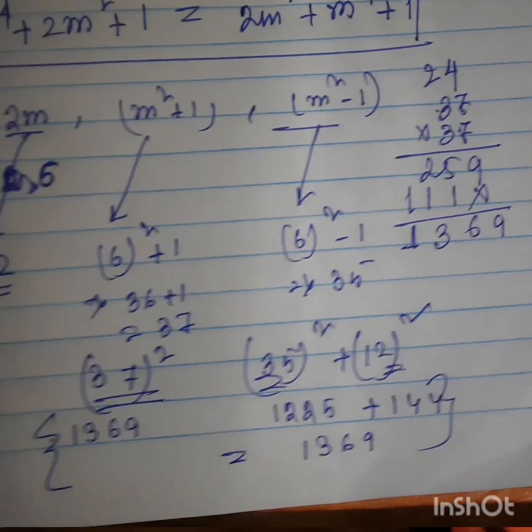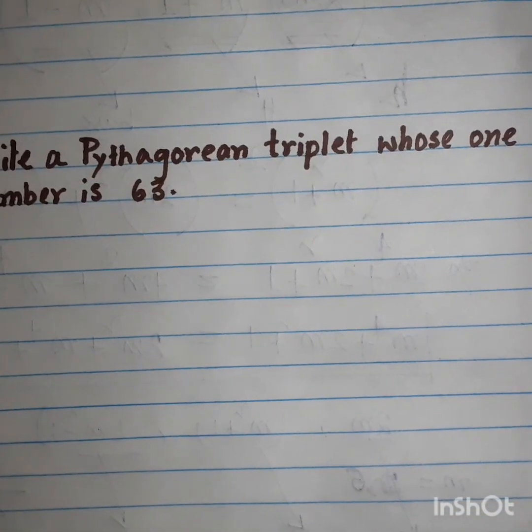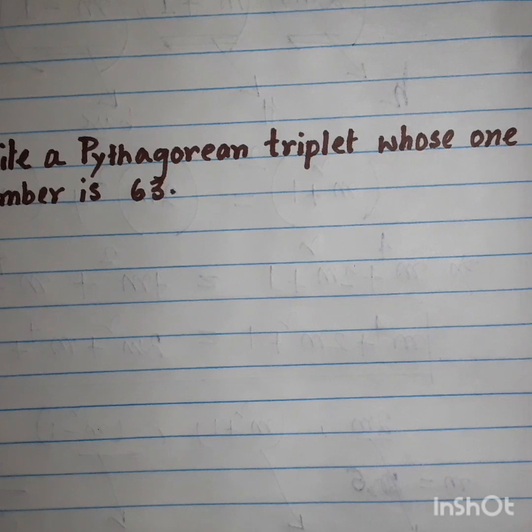Okay, now we have some questions which will elaborate our concept of Pythagorean triplets. At first we have an example: write a Pythagorean triplet whose one number is 63. So what is the formula of the set of Pythagorean triplet?